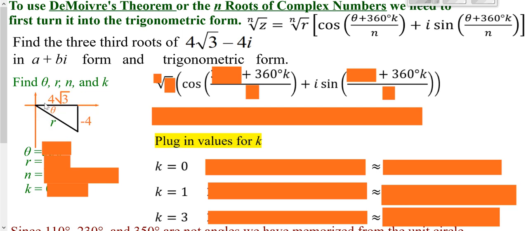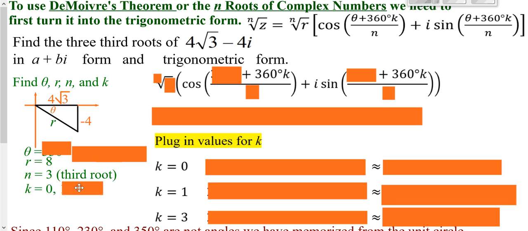So now I can do the Pythagorean Theorem to be able to get my hypotenuse, which is r, and in this case I would get 8. N is the root you're taking, which we know is 3, so it's the third root. K would be 0, 1, 2.